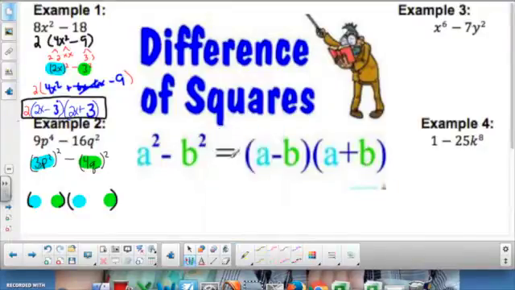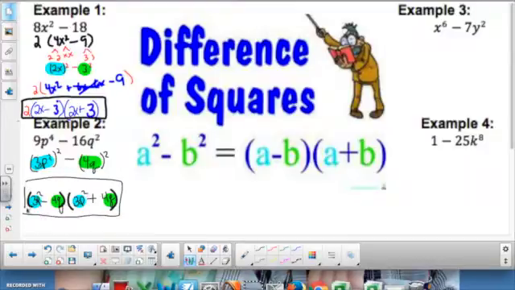Really, it doesn't matter which one ends up being subtraction and which one's addition, but just make sure that you've got one of each, because that's what makes that canceling of the middle terms happen. Okay, so I'm putting in 3p squared in both of the first spots, and 4q in both of the second spots. And that's my final answer.